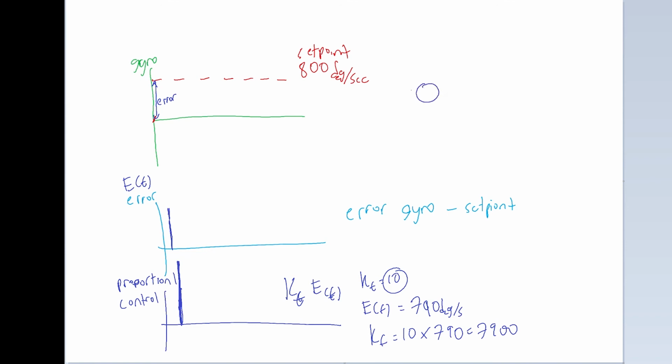So when it gets fed back to that loop, remember that loop again, from error it goes to PID. So in this case, you only have P. It goes to the system, it goes to the gyro, okay, and then it feeds back here. So now it's boosted.